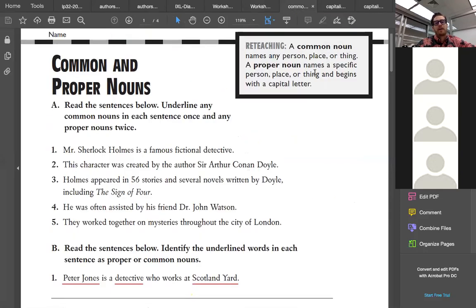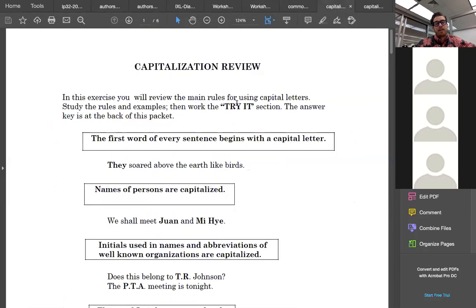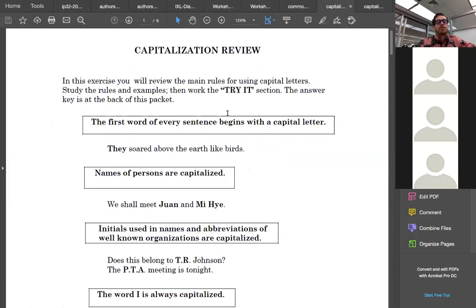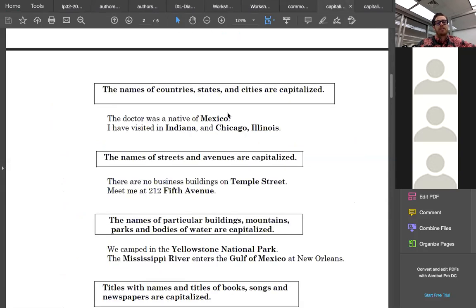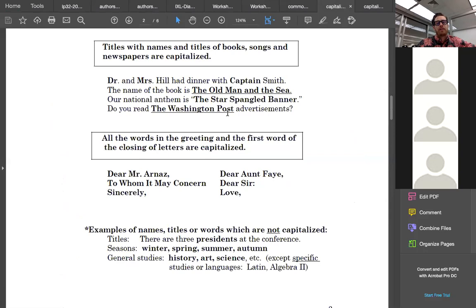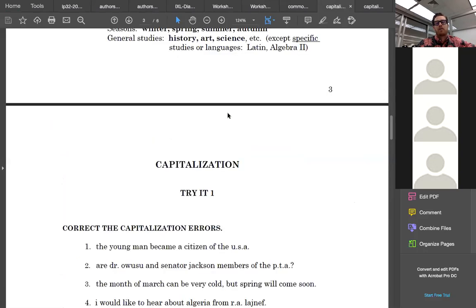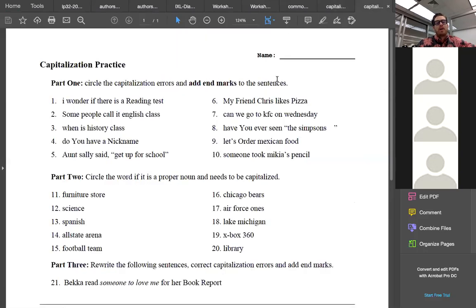You're going to have a lot of attachments today. But I want to look at capitalization. This is your cheat sheet. It has all the definitions, and we'll go over each one after we look at this quick little clip. And then here's practice. So let's look real quick.